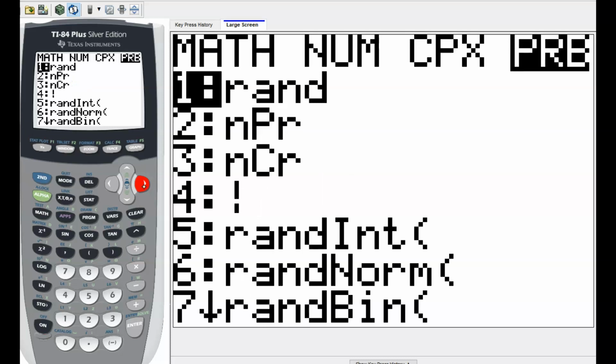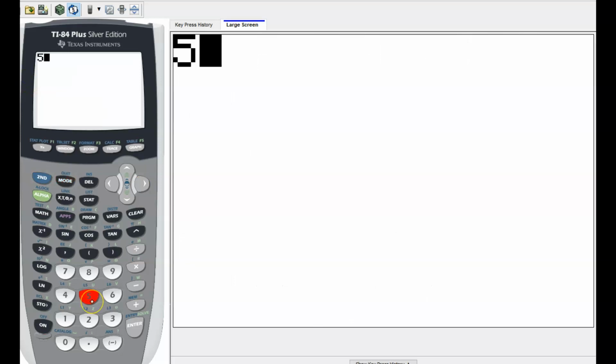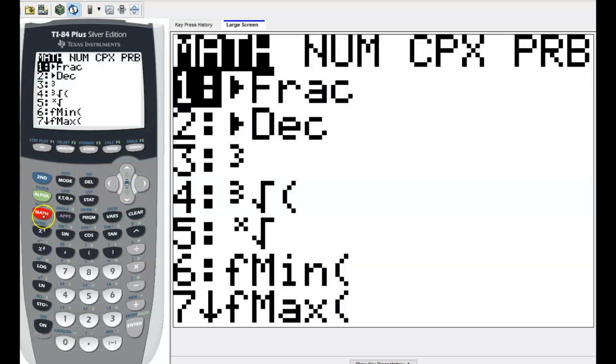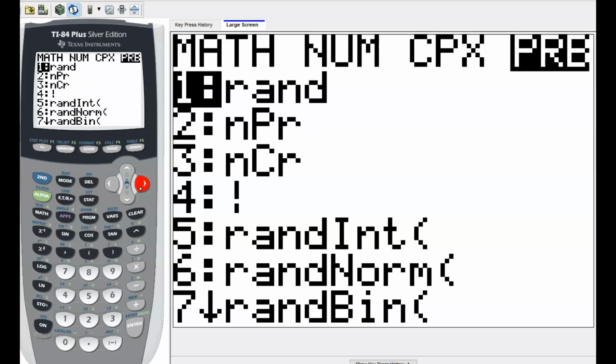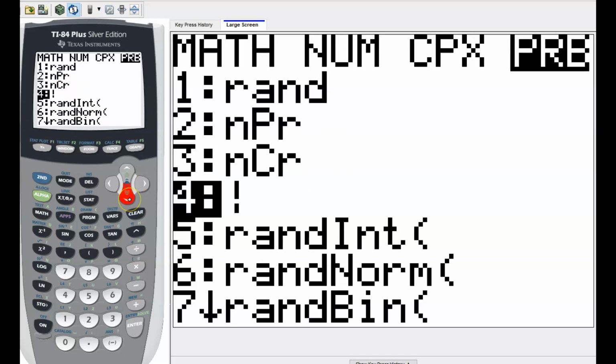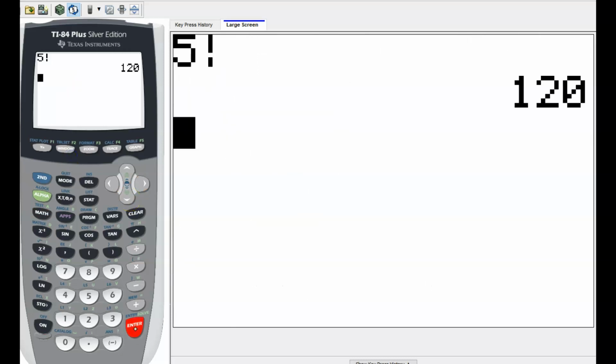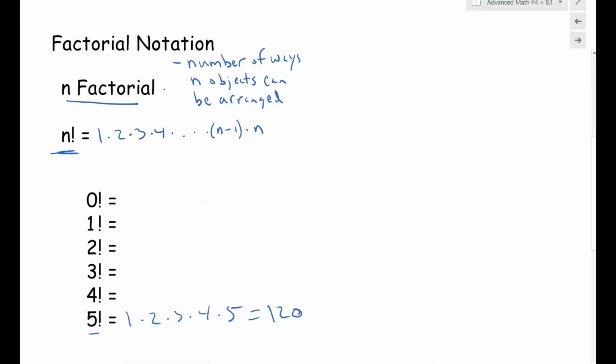But they come up here because there's a connection. Let's say we wanted 5 factorial. We would press 5, then math, then go down to option 4, and we get an answer: 120.